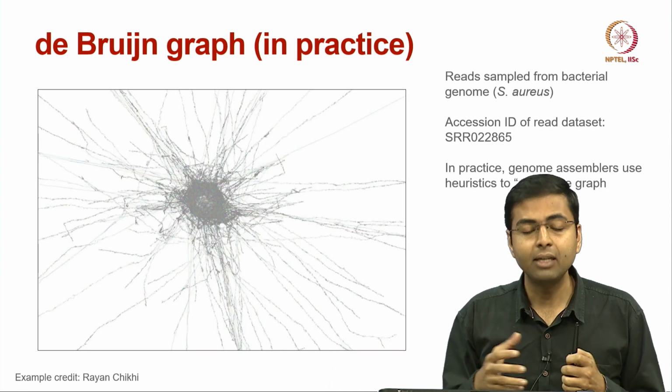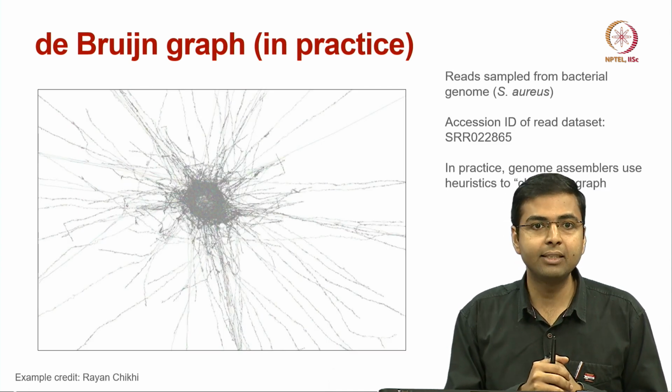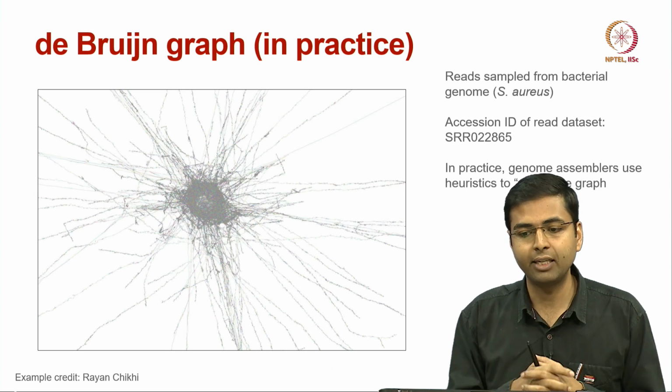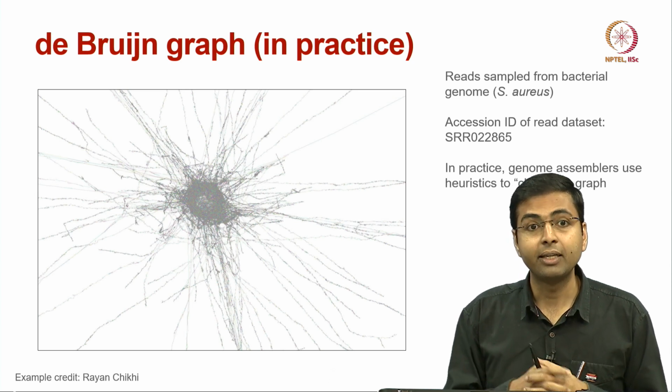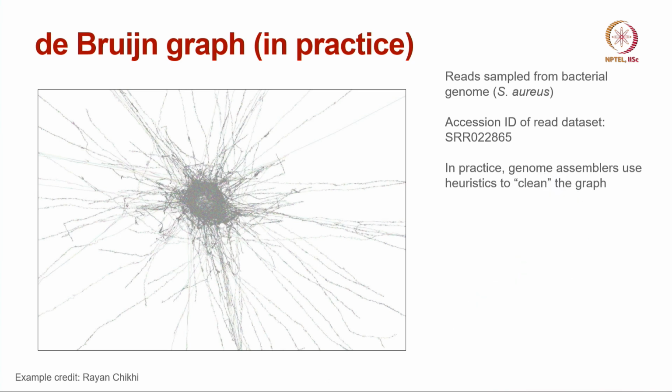Now, as it turns out, because of these real world challenges like repeats, sequencing errors and so on, the real world topology of these graphs is extremely challenging. So, in an ideal scenario, you would want to see a simple chain-like topology where you can read the genome sequence from left to right in a single go.